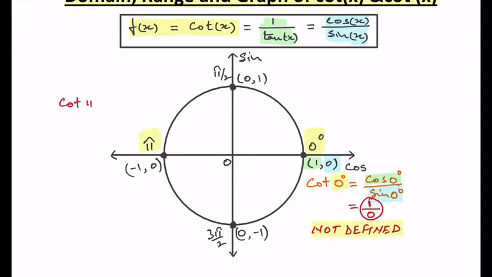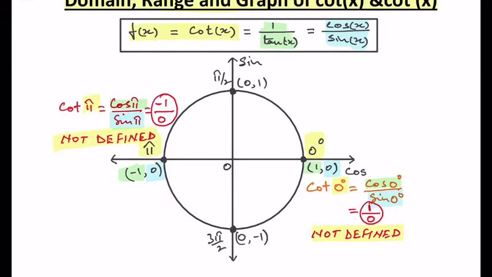Now at pi, cot pi is cos pi over sine pi, and cos pi is minus 1 and sine pi is 0. So minus 1 over 0, again it is not defined. So at pi, this function is not defined again.